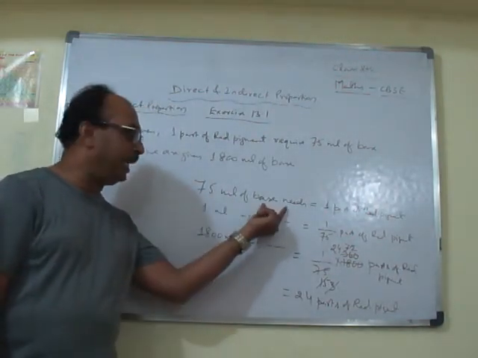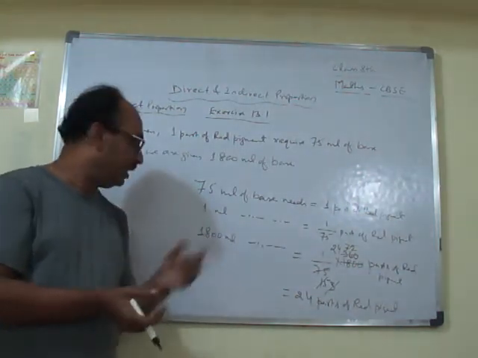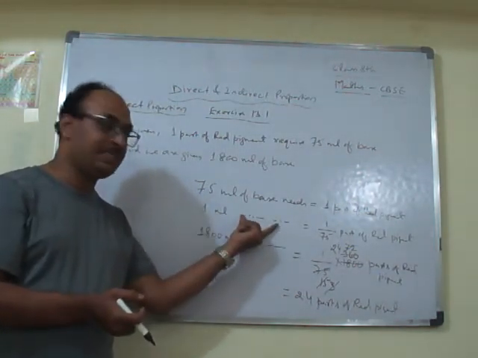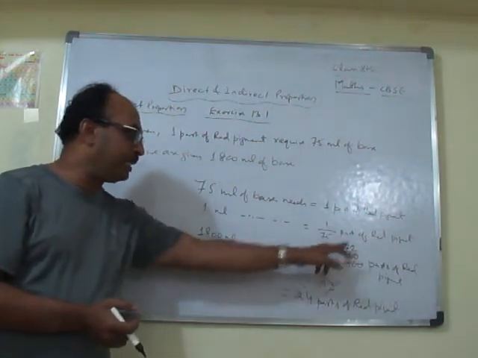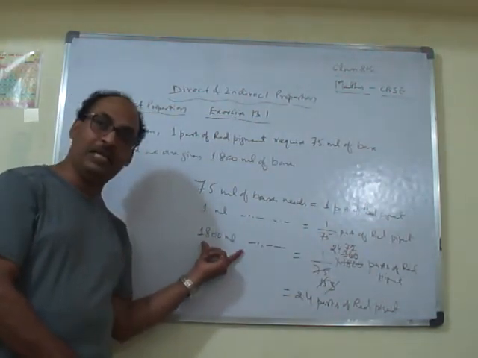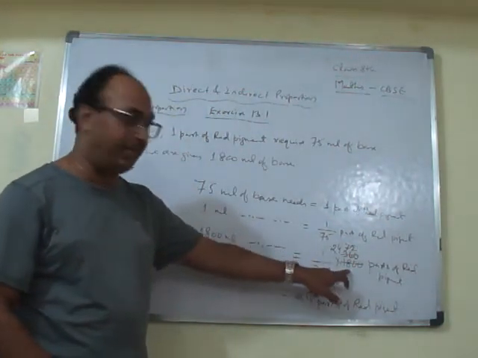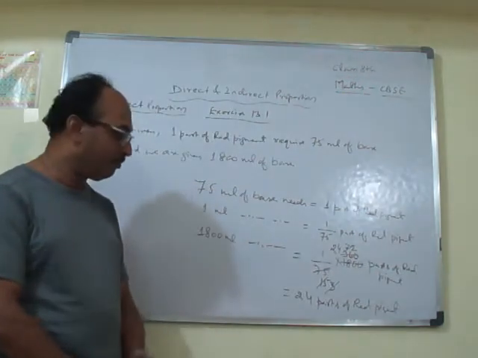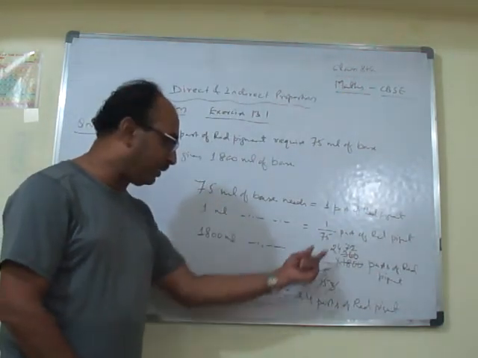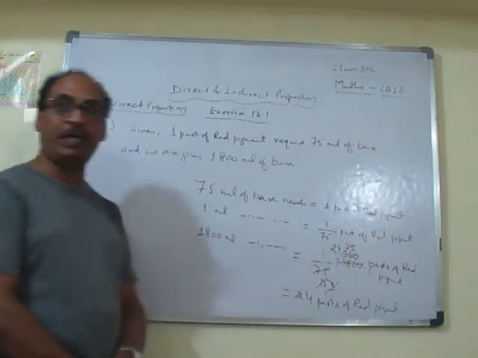75 milliliter of base needs 1 part of red pigment. Then 1 milliliter of base requires 1 by 75 part of red pigment. Then 1800 milliliter of base needs 1 by 75 into 1800 parts of red pigment. After cancelling the like terms, we get 24 parts of red pigment.